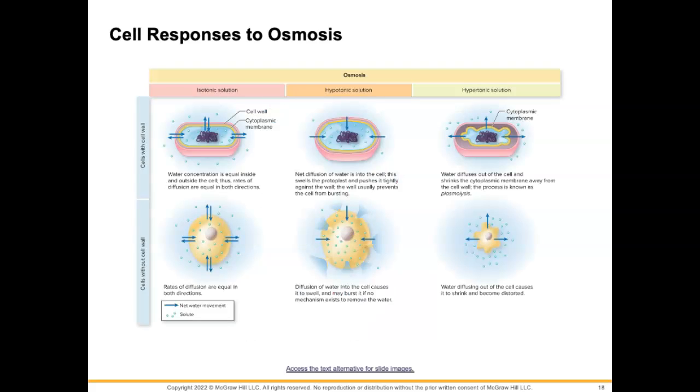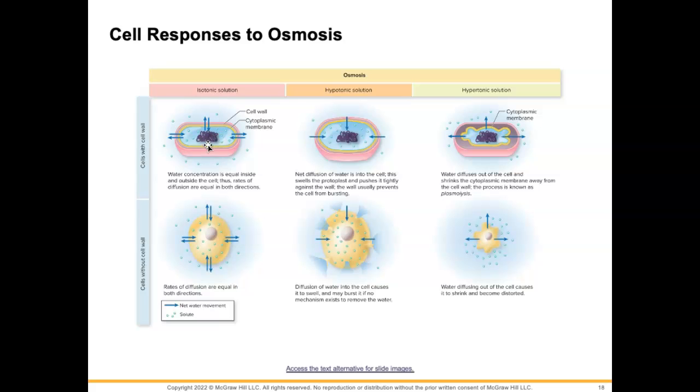All right, so this talks about the isotonic, hypotonic, and hypertonic solutions and what will happen to the cell. We're talking about microbes here. So here are the cells with the cell wall, which this is saying without the cell wall, but the same idea is going to happen. In an isotonic solution, we're putting the cell into an equal concentration to what's inside of the cell wall.